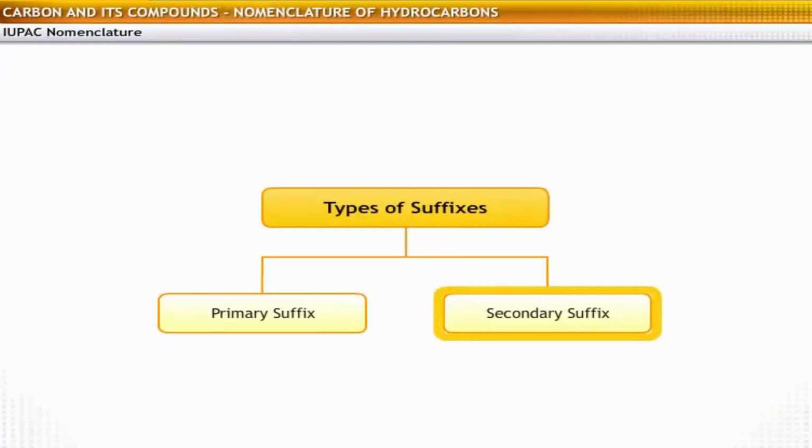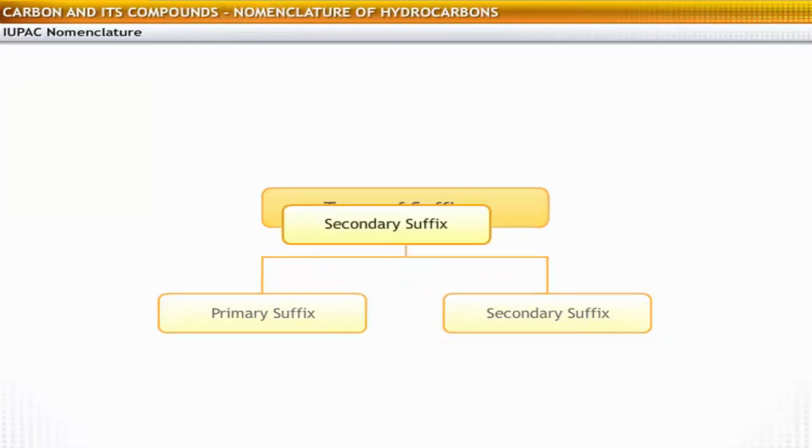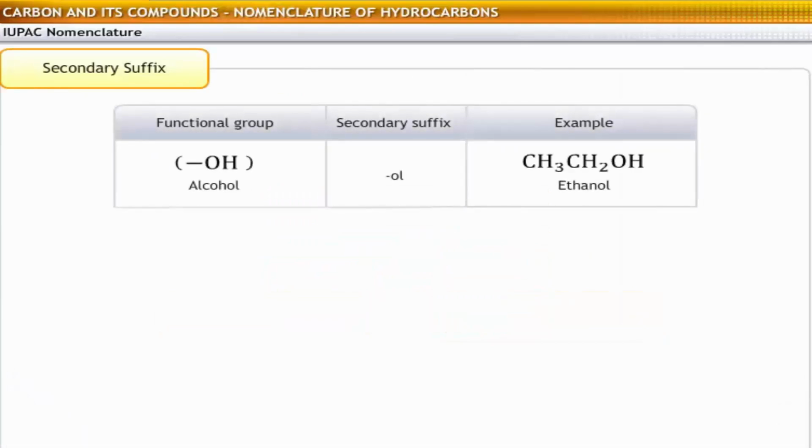A secondary suffix indicates the functional group present in the carbon compound. The terminal "e" of the primary suffix is replaced by the secondary suffix. The table shows examples of secondary suffixes. For example, a molecule of ethyl alcohol contains 2 carbon atoms, so the root word is eth.